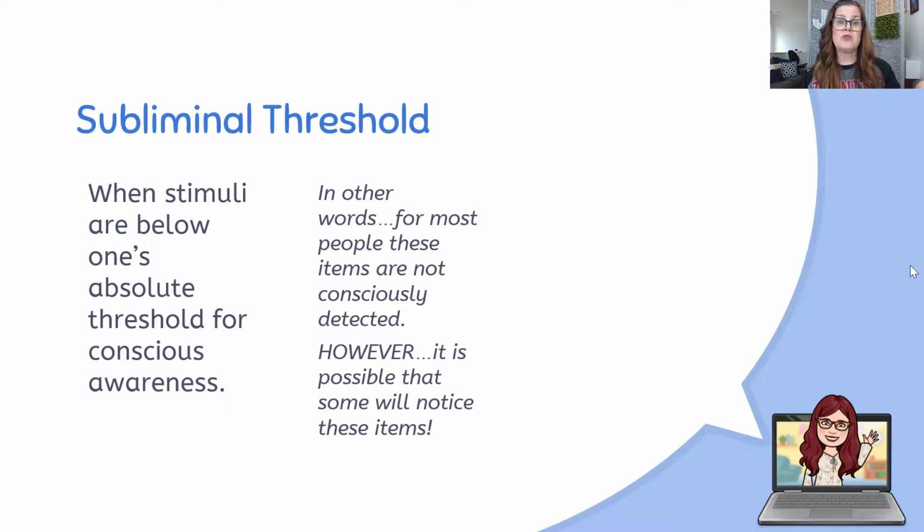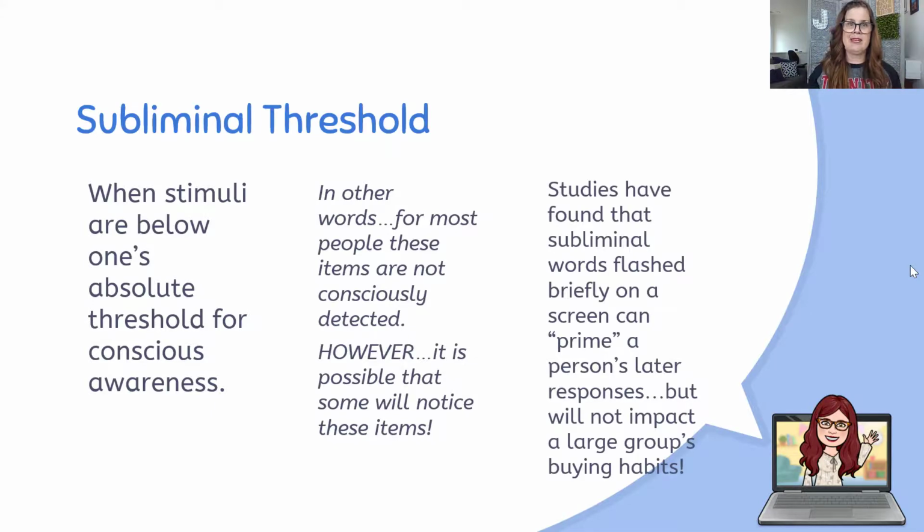So in other words, most things are not consciously detected. However, it's possible you could notice some of these items. And so these subliminal messages pop up in movies. There's a lot of people that believe that subliminal messages are included in a lot of songs.